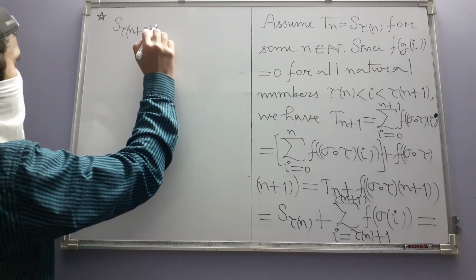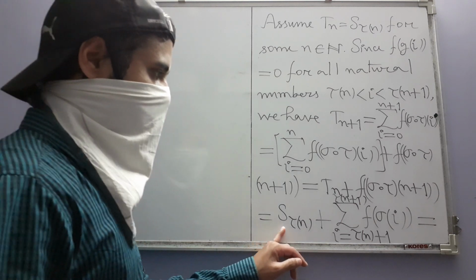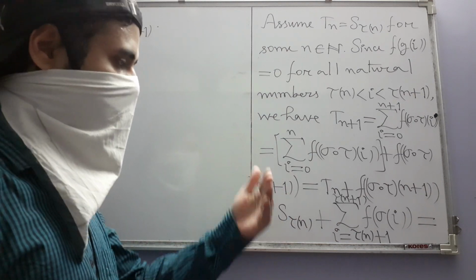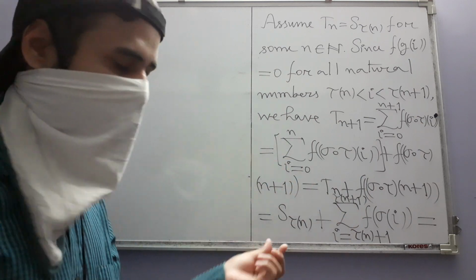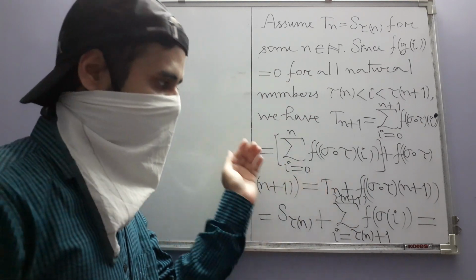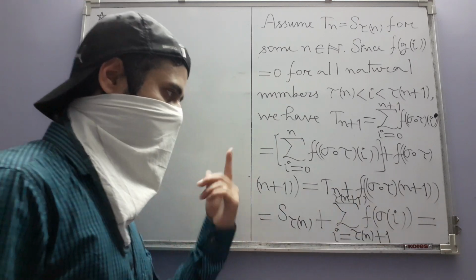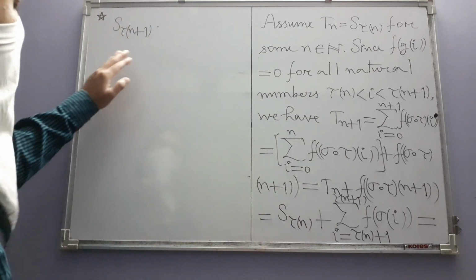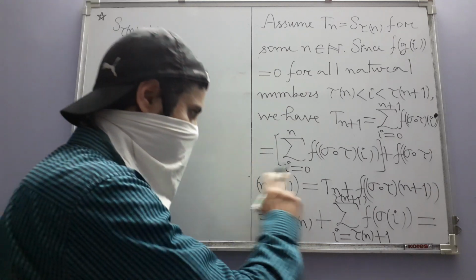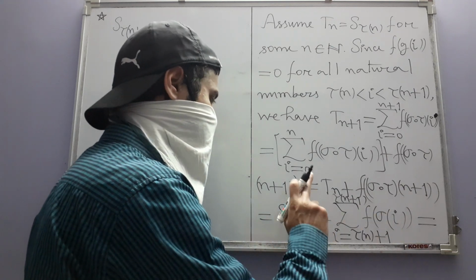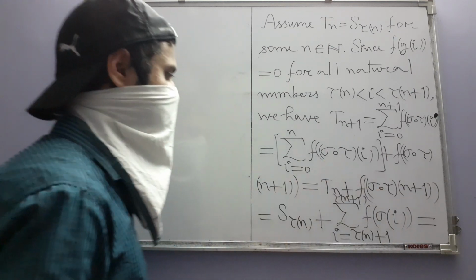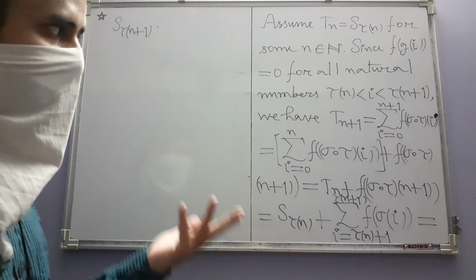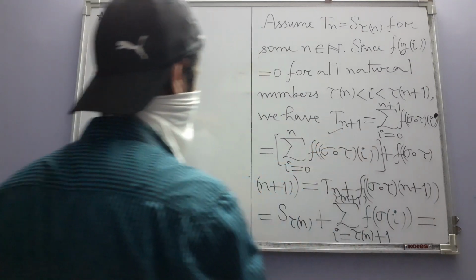You can see why, because S tau n, if you write that also as a sum, it will be summation of f of sigma of I as I varies from 0 to tau of n, and then you continue that with this and use one of those rules of finite sums, finite series. That entire thing will be summation f of sigma of I, where I varies from 0 to tau of n plus 1, which is by definition S tau n plus 1. That's what we wanted to show. So this is our induction step.